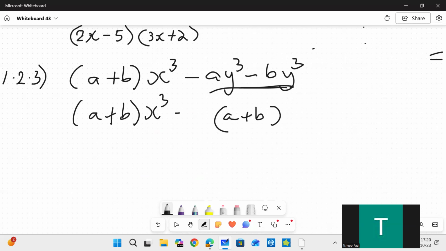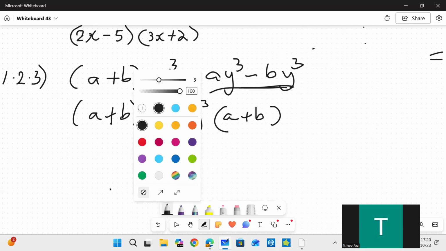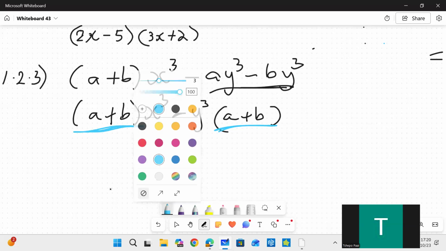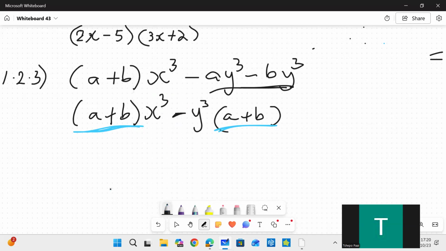So it means I must take out minus y cubed. After you have taken out minus y cubed as a common factor, realize that a plus b is a common factor now. So take out a plus b as a common factor. Then what is left there is x cubed minus y cubed.